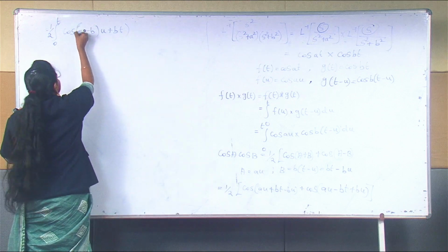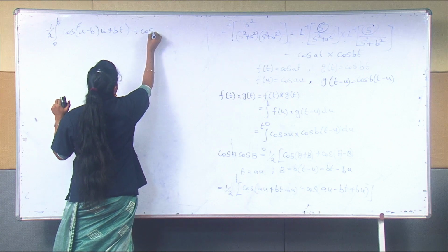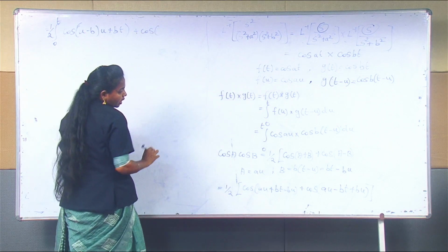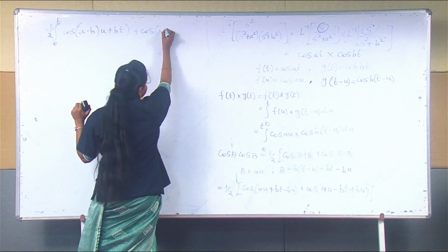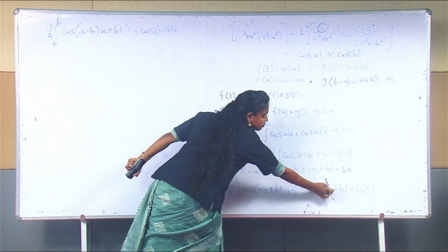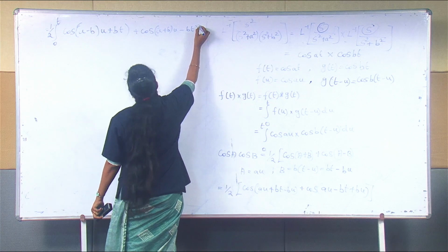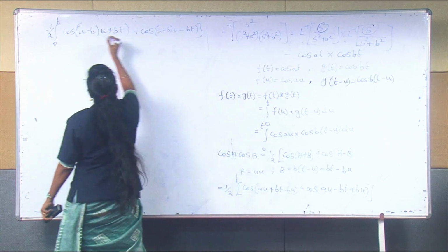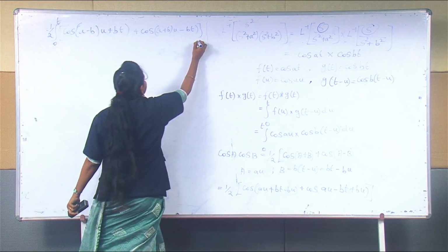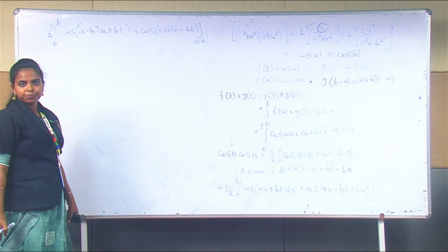This one term we are having and next cos of A plus B into u, here negative bt is there, so negative bt. Okay, finally we are going to integrate with the variable u.